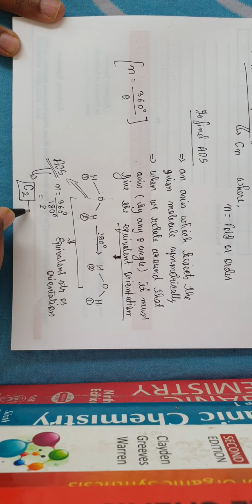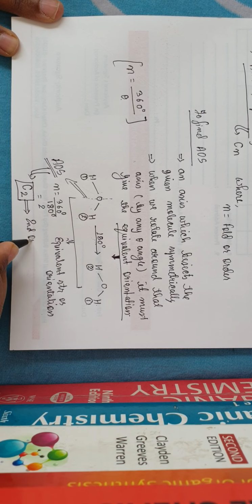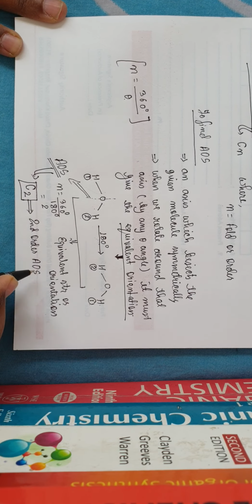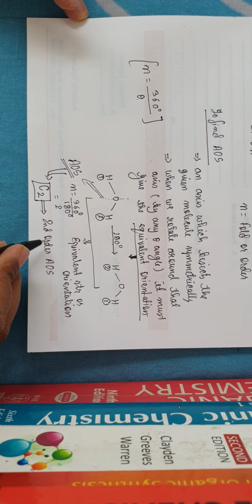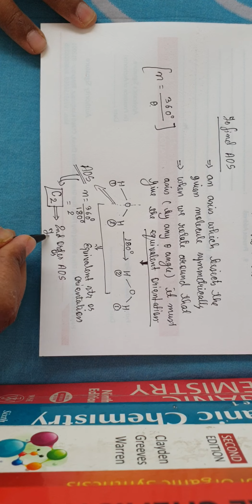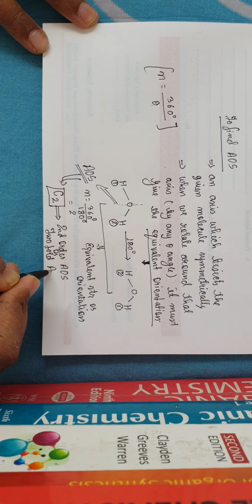This is called second order axis of symmetry, or you can also say twofold axis of symmetry.